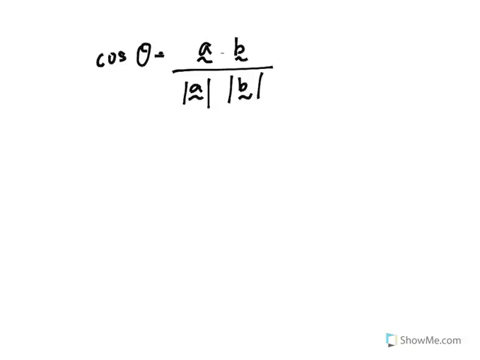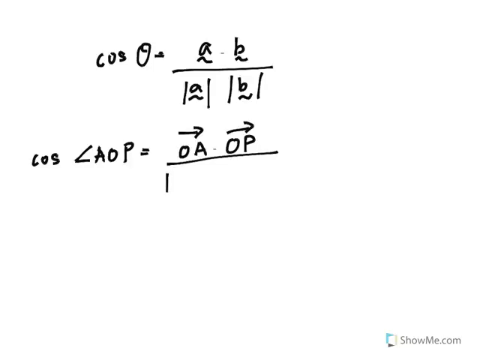So for angle AOP, cosine of angle AOP is equal to OA scalar product with OP over the mod of OA and OP. What about the other angle? Angle POB.